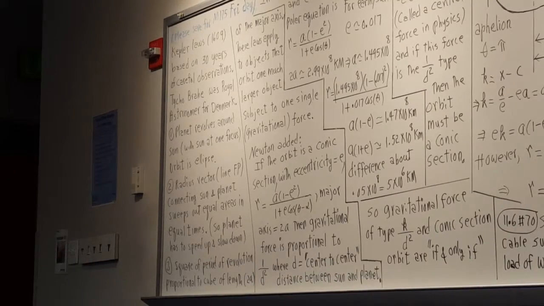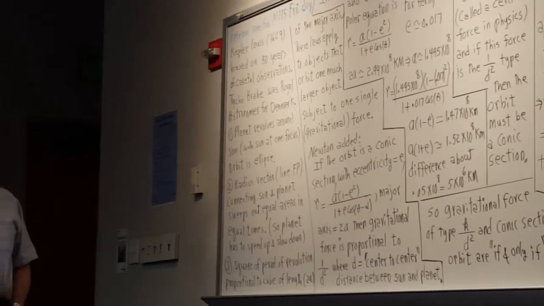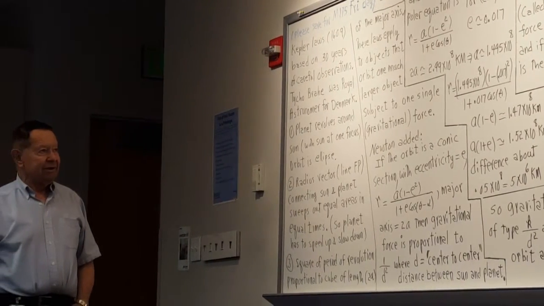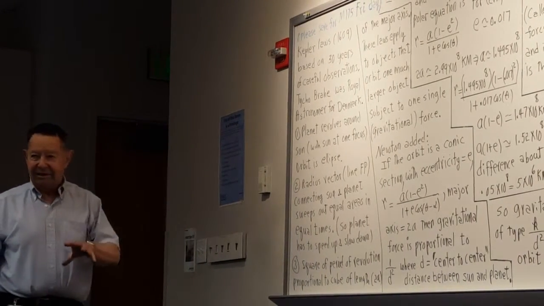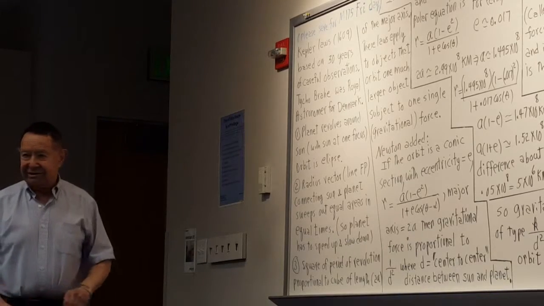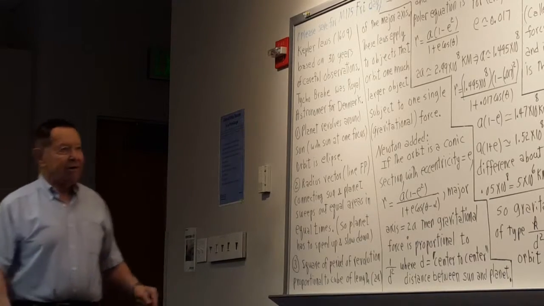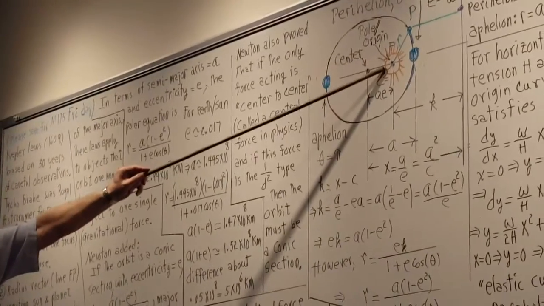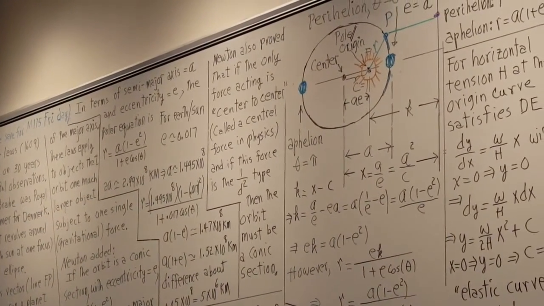So they apply to an object that's orbiting one much larger object, so that the force field is essentially all the gravitational force between the larger object and the smaller one.